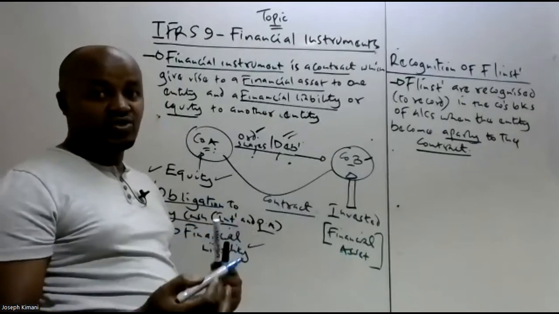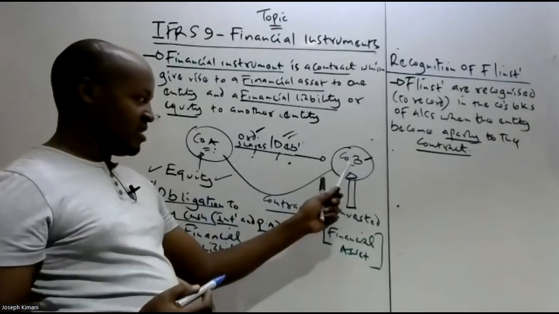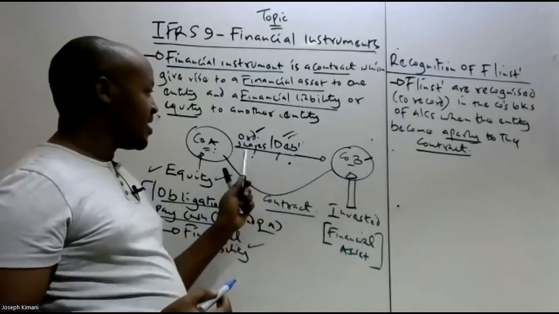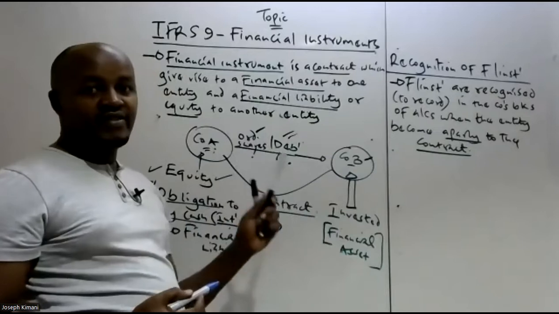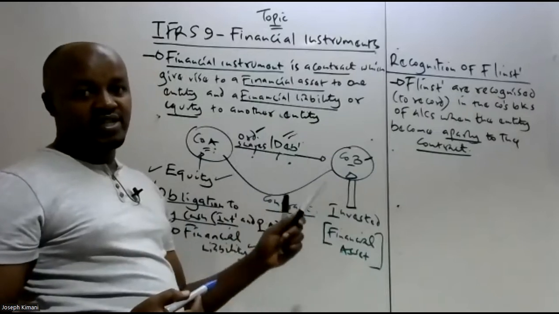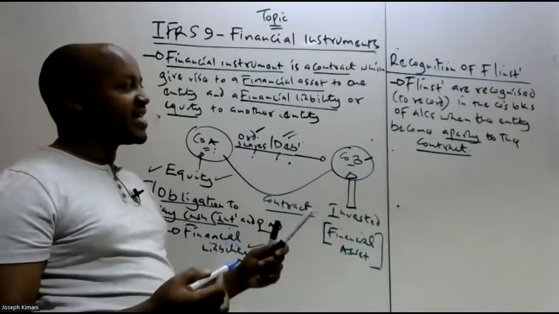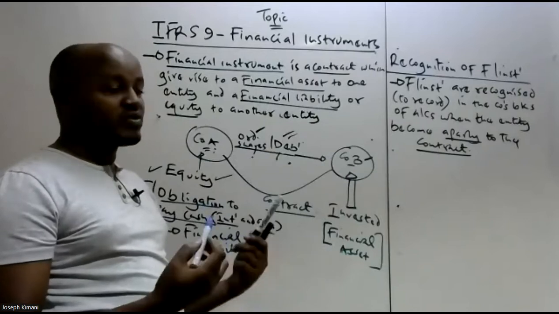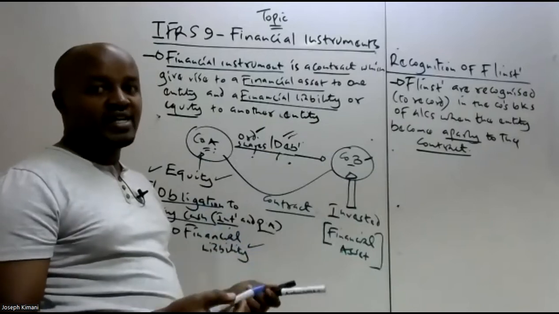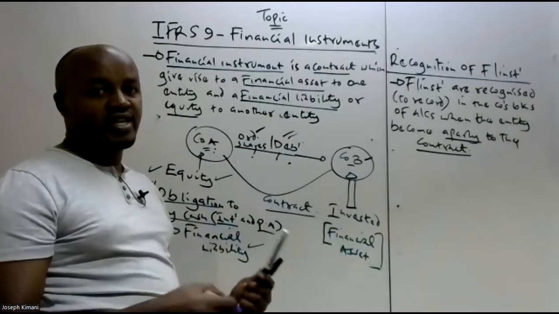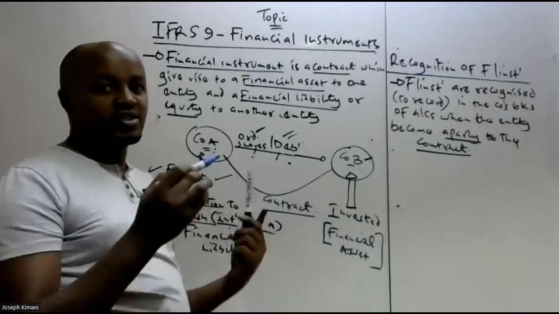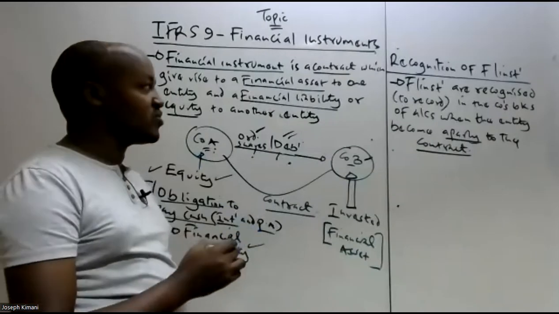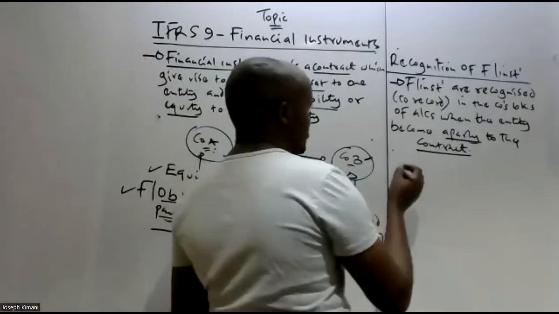The same case, once this company has bought the shares or debentures issued by company A, even if company B has not paid for them, then we say that it has already become a party to the contract. It should record those shares or debentures acquired or issued in its books of account. In its books of what? Of account. Very, very important.